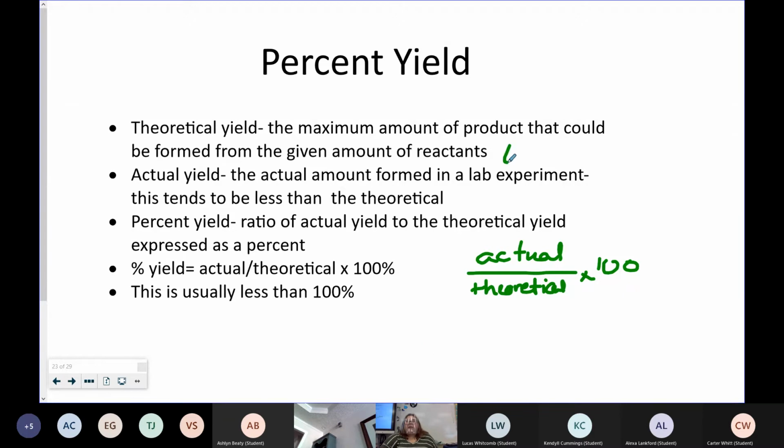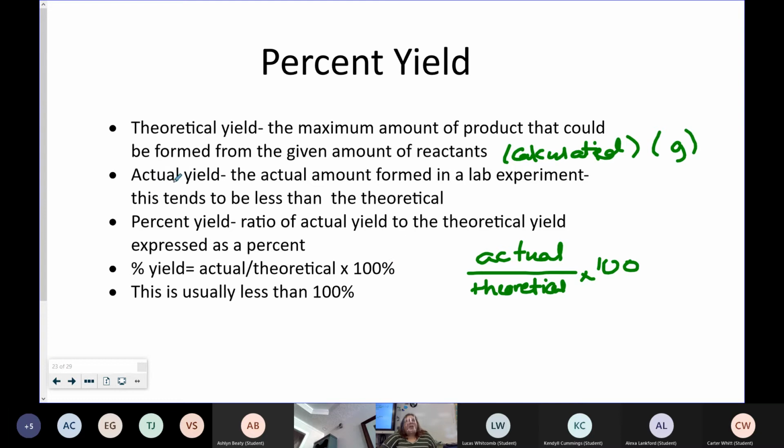This is going to be our calculated value. So this is our answer from a stoichiometry setup. Whenever you are taking the amount of reactants and calculating how much product should be formed, that is your theoretical yield. This also tends to be in grams, is what we want to change into.